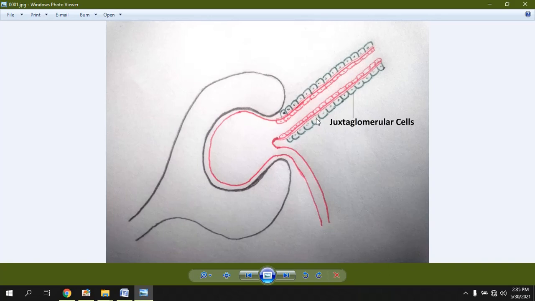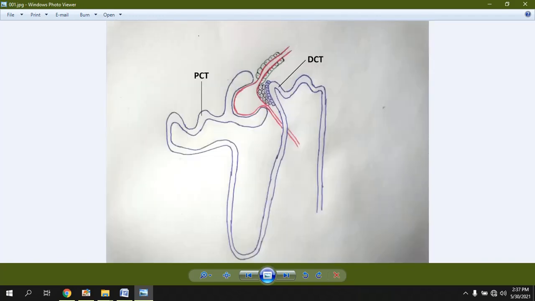Juxta means in proximity with, and glomerular means with glomerulus. So these cells are in proximity with the glomerulus. That's why they are called the juxtaglomerular cells. The juxtaglomerular cells are muscular cells which are present above the afferent arteriole near the glomerulus.